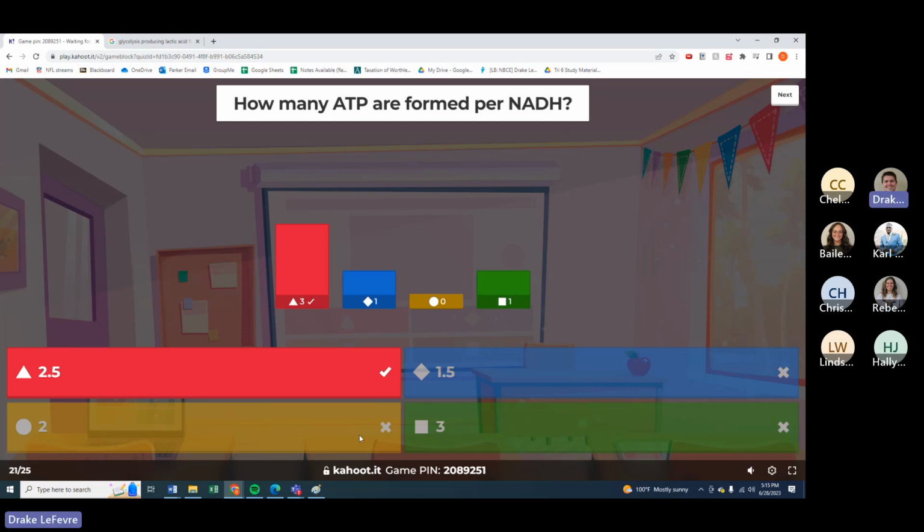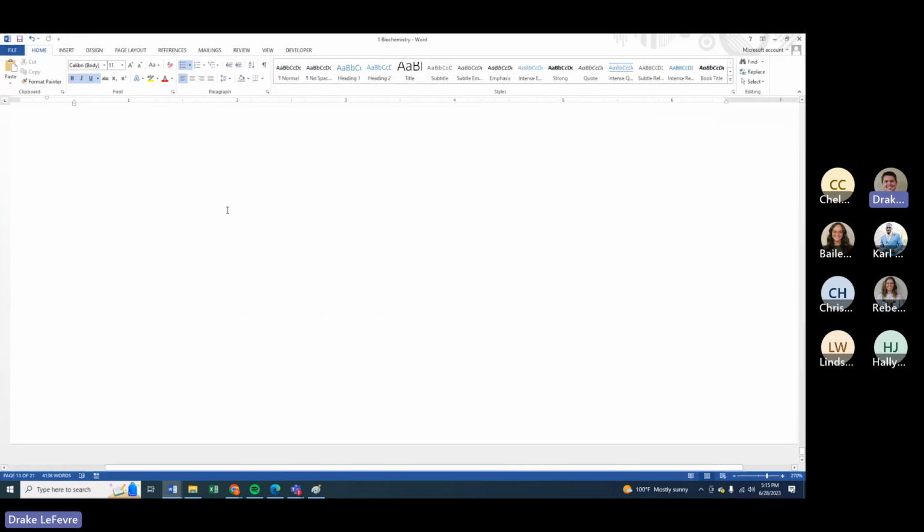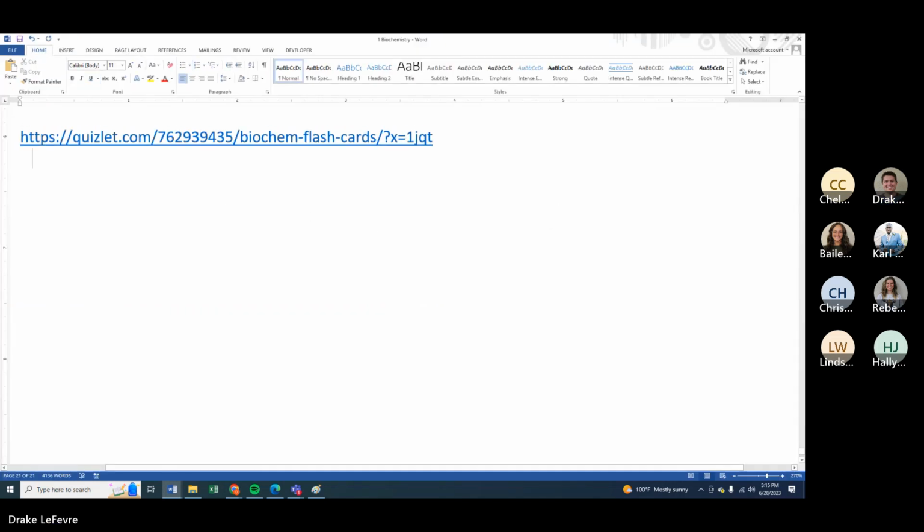So per glucose, let's do all the math. We have one glucose, and then we have glycolysis. Within glycolysis, we get 2 net ATP. Then we have the Krebs cycle.